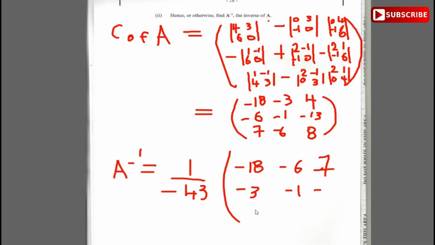Then we have 4. Then we have -13. Then we have positive 8. Nice and easy. And that's A inverse.